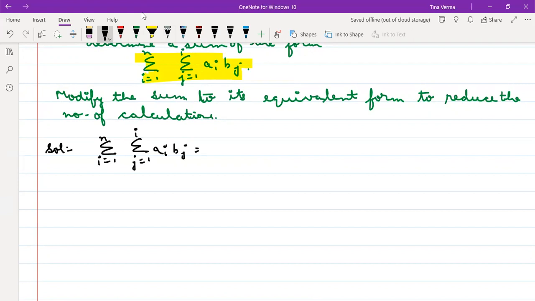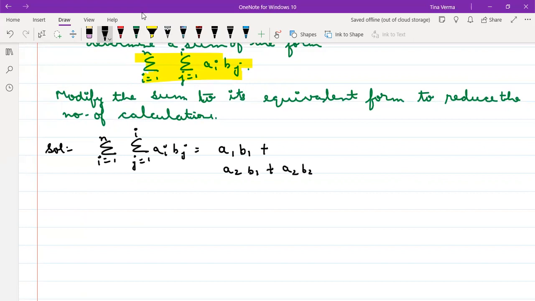Now if you fix n equal to 1, you will have only one term, because j will vary from 1 to 1, so you have only a1 b1. When you fix n equal to 2, i will vary from 1 to 2 and j will also vary from 1 to i. So that means a1 b1 plus a2 b1 plus a2 b2.